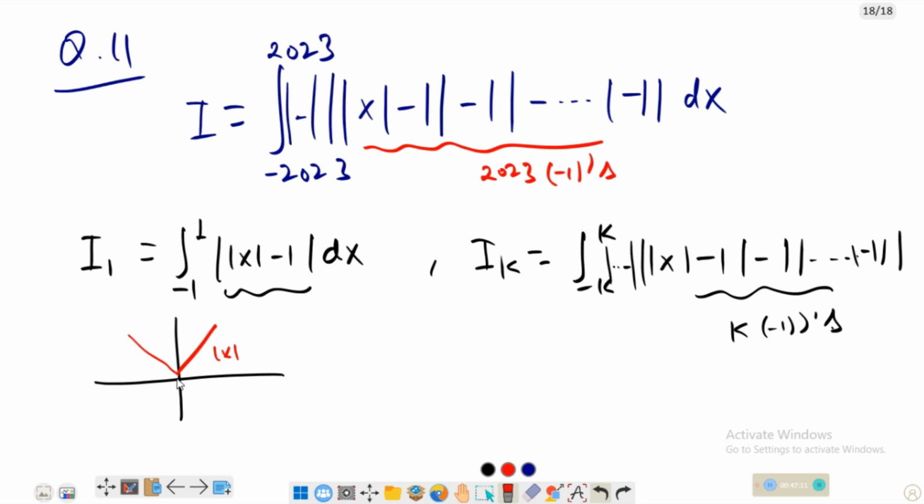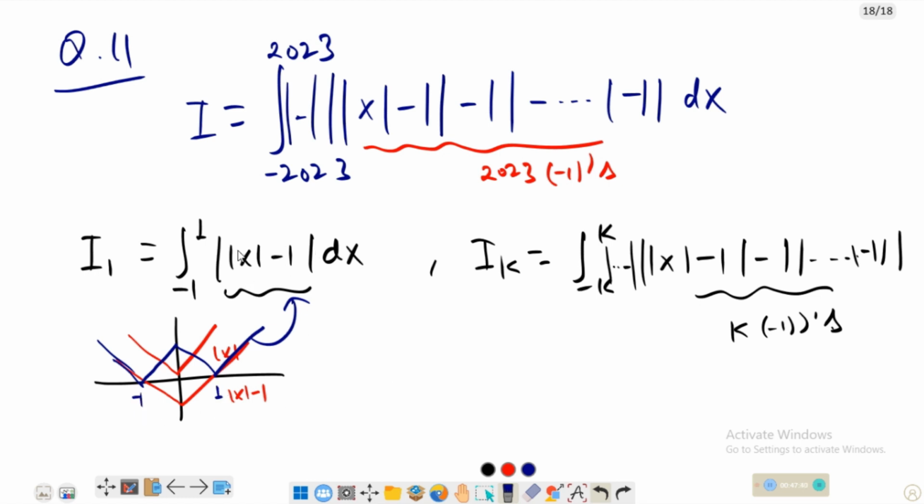We need to draw mod x minus 1, so this quantity is mod x minus 1. Then we need the mod of the complete quantity, so it is like that. This is minus 1, this is plus 1.